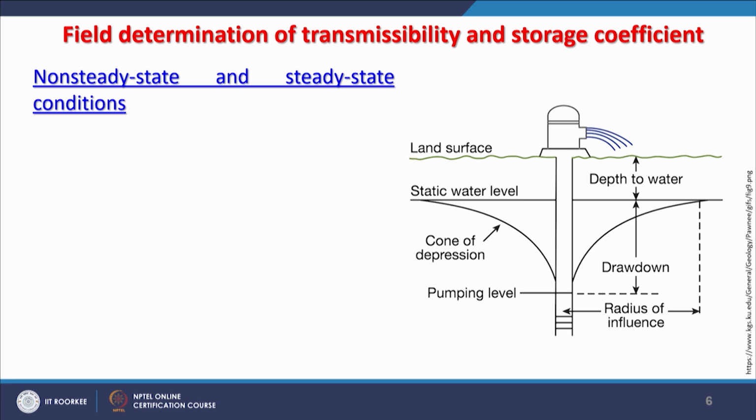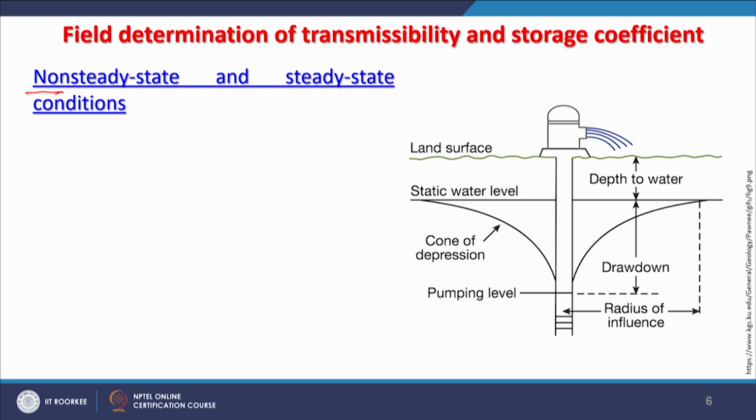Now we will discuss different conditions, and the first one is non-steady state and steady state conditions. In our earlier discussions, we mainly discussed the steady state shape and steady state conditions. Now we are going to discuss the non-steady state, which is most common.